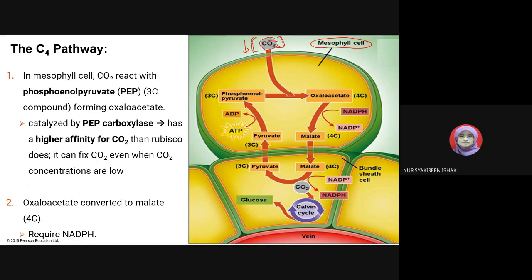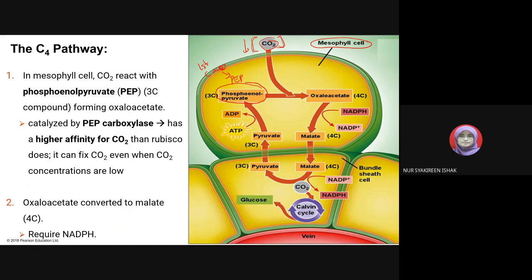Okay, but the first carbon fixation is by combining carbon dioxide with phosphoenolpyruvate, or the short form is PEP. Phosphoenolpyruvate will function as the first carbon dioxide acceptor.